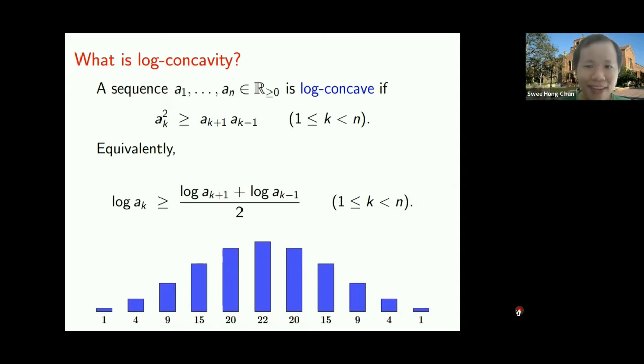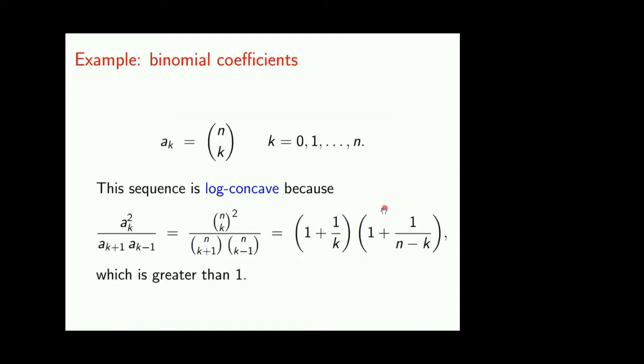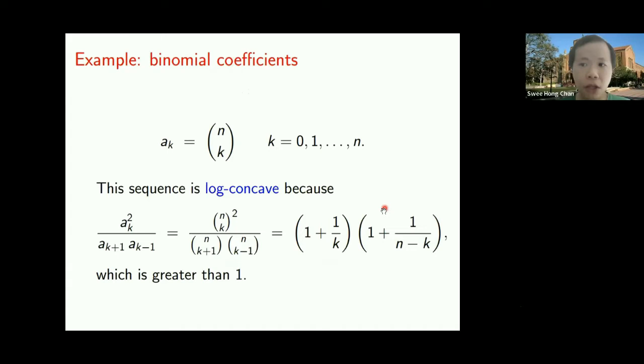Okay. So the quintessential example of the log-concave sequence is the binomial coefficients. Here, n is fixed and k is changing from 0, 1 up to n. And a_k, the number in your sequence, is the binomial coefficient n choose k.